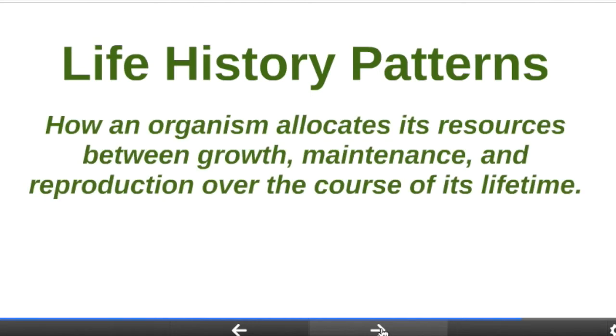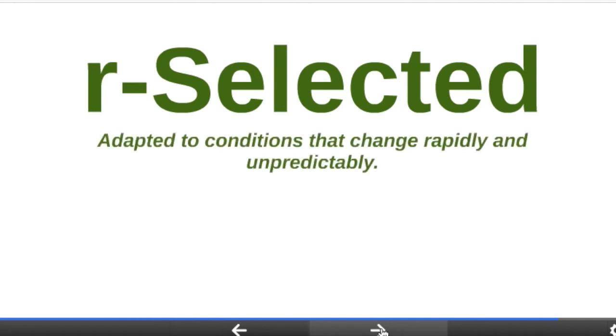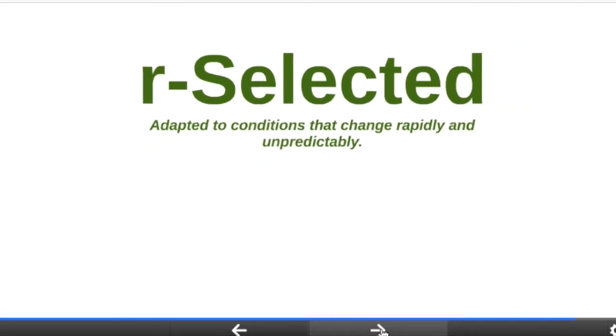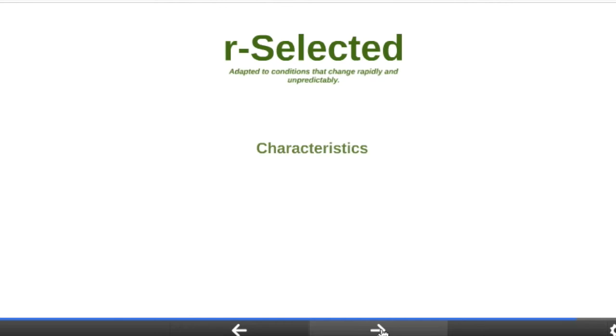The next thing to consider when discussing populations is a population's life history pattern. That is, how does an organism in that population allocate its resources? There are two different extremes. There is r-selected and K-selected. R-selected populations are those adapted to conditions that change very rapidly and unpredictably. They tend to have certain characteristics in common.